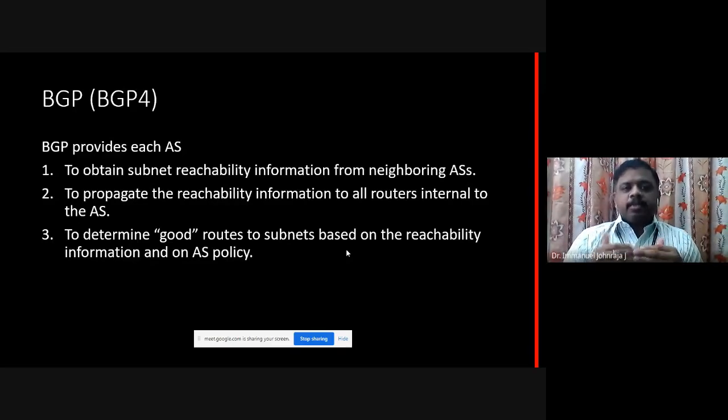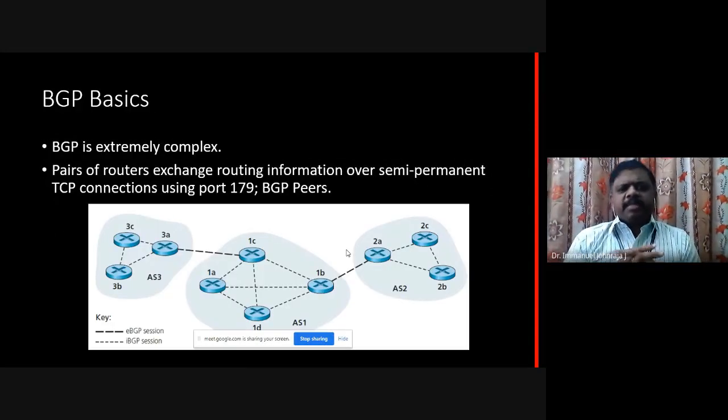Internet Routing Architecture is a very good book by Cisco Press to learn about Border Gateway Protocol. Those who are interested can start reading that book. Very informative and technically rich content is available in it. So BGP, as I said, is extremely complex.